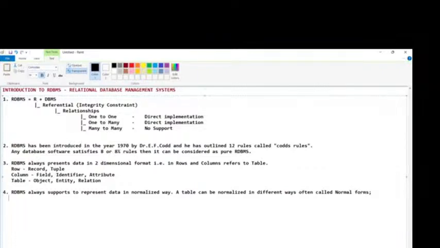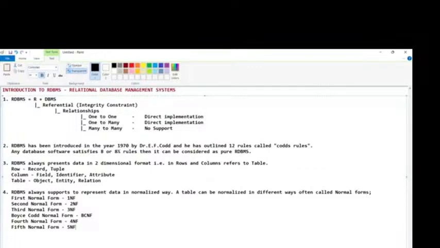We can call them: 1NF, first normal form; 2NF, second normal form; 3NF, third normal form; BCNF, Boyce-Codd normal form; 4NF, fourth normal form; 5NF, fifth normal form.